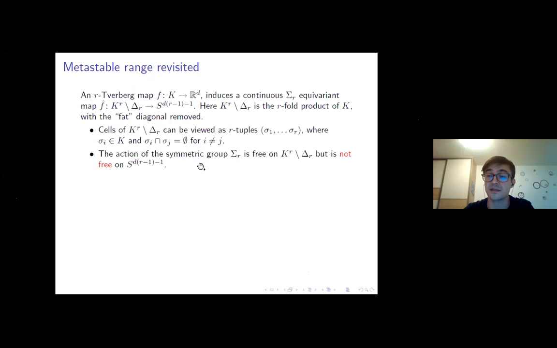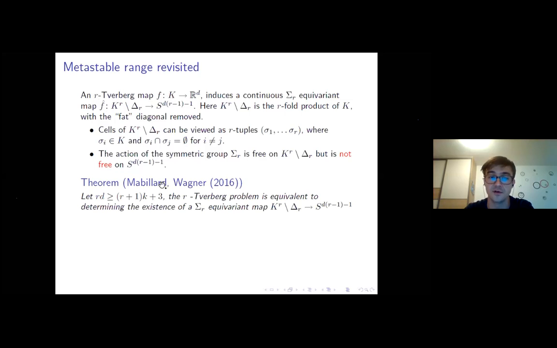And okay, the metastable range would be useless if I couldn't reverse the arrow. Whenever I have an r-Tverberg map, I have the f hat, but we need the opposite. And this is courtesy of Isaac, Mabillard and Wagner from 2016, where they established the generalization of Haefliger-Weber in this context. So actually, in this metastable range, the r-Tverberg problem is equivalent to determining if this map exists.